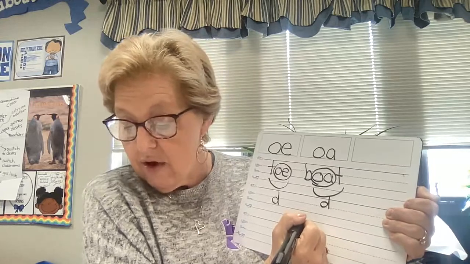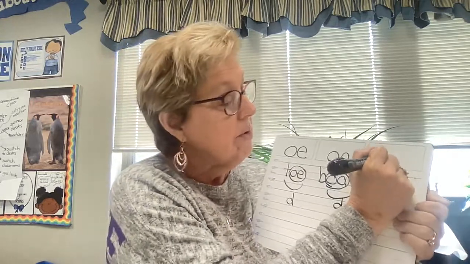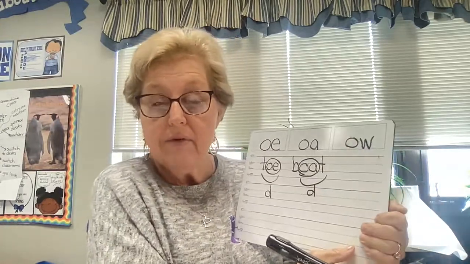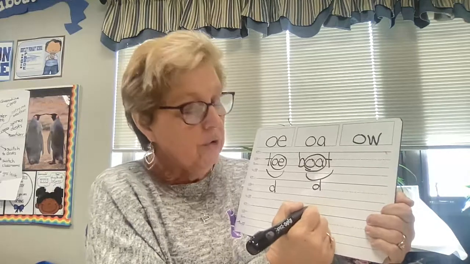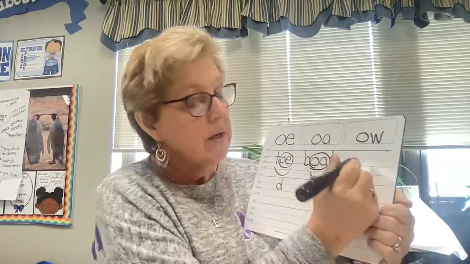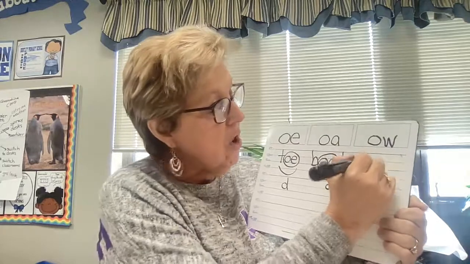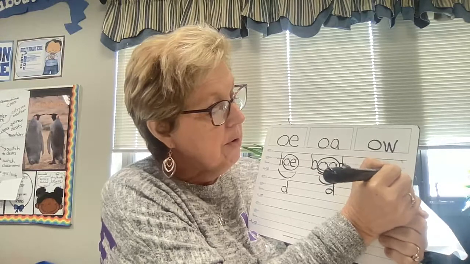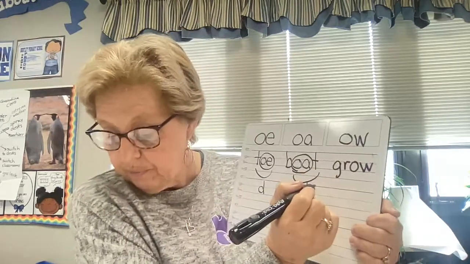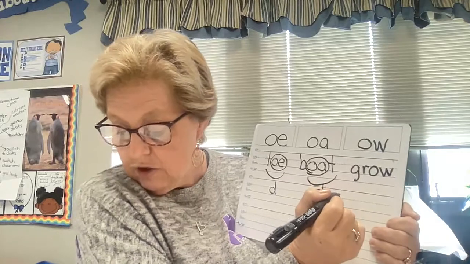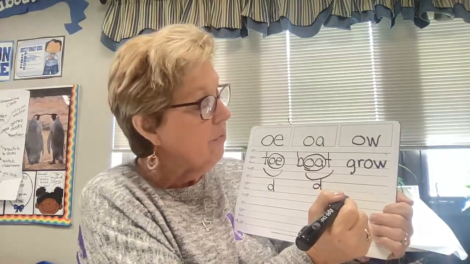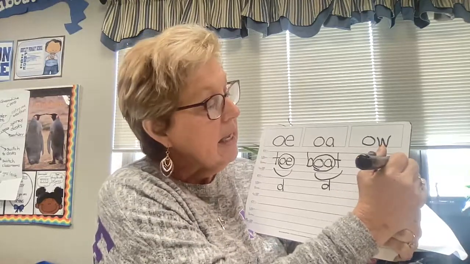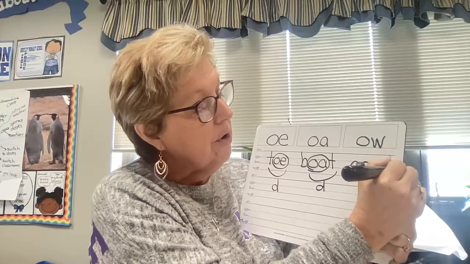And then the third sound of long O we're looking at today is O-W. And O-W can sometimes be at the end of a word, as in the word grow. I will grow some flowers. Grow. It's usually at the end of a word, but sometimes it's in the middle. If I add an N to this, I have the word grown.